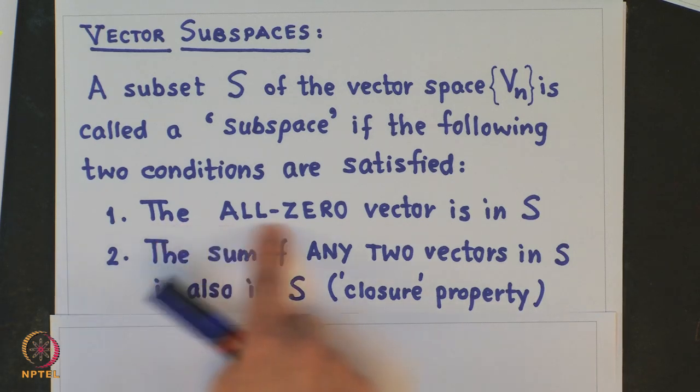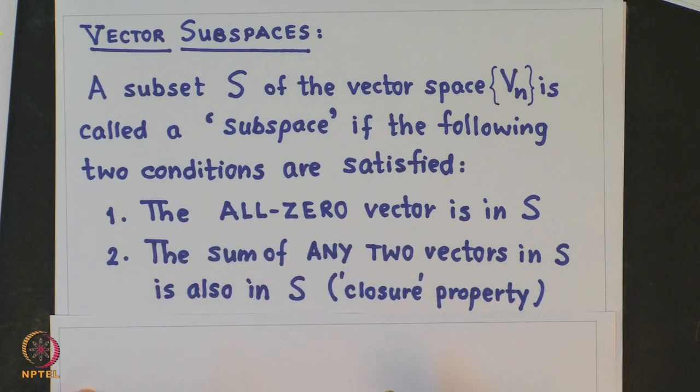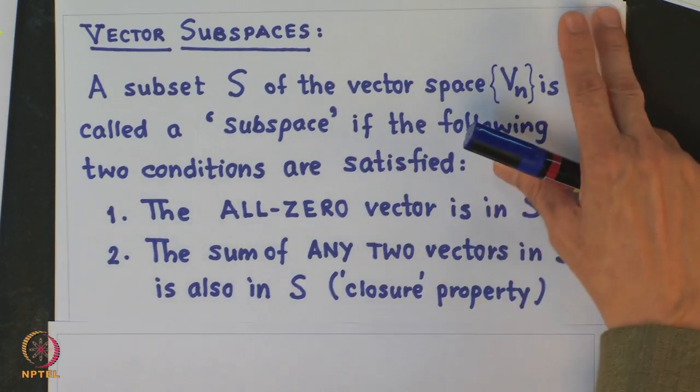Now, we see why we require the all 0 vector, because if this condition has to be satisfied, then I can choose two vectors to be the same vector. When you take the same vectors and add them using the rules of addition just discussed, we will get a 0 vector, and by definition we require that the summation of these two vectors should be in S, and therefore we see the need for the all 0 vector in S.